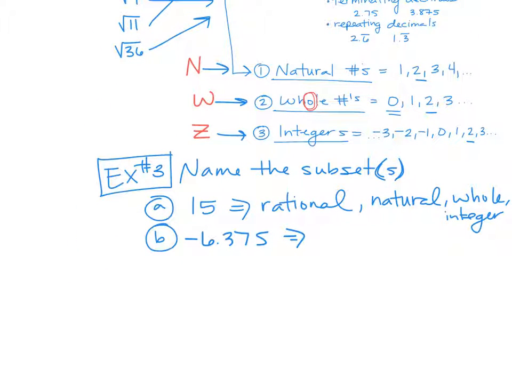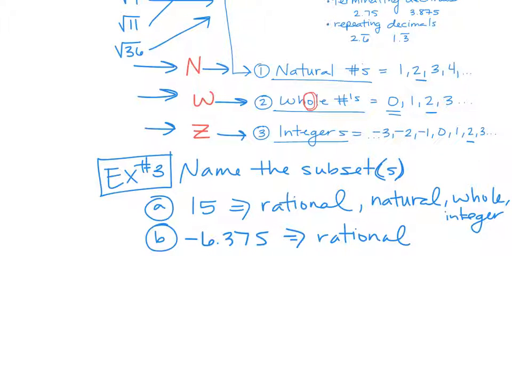It has an end, so this is rational. Okay, so if it's rational, then you have to look, does it fall into any of the other 3? Is it a natural number? If you start counting, are you ever going to get to negative 6.375? No, right? Natural is 1, 2, 3, 4, 5. Okay, is it a whole number? 0, 1, 2, 3, 4, 5.